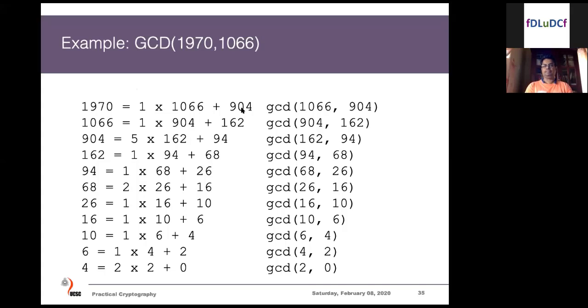Euclid proved that the greatest common divisor of these is equal to the greatest common divisor of those two numbers. So this is a recursive algorithm. We can further write 1066 equals 1 multiplied by 904 plus 162. So the GCD of this is equal to that as well. Like that, we can recursively simplify this.